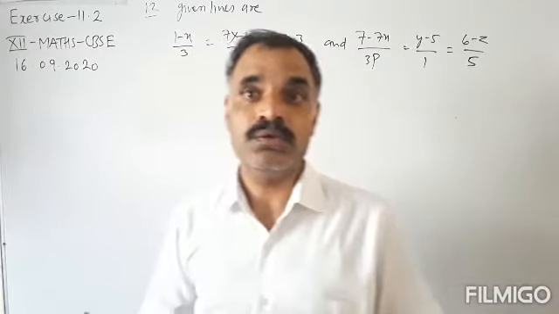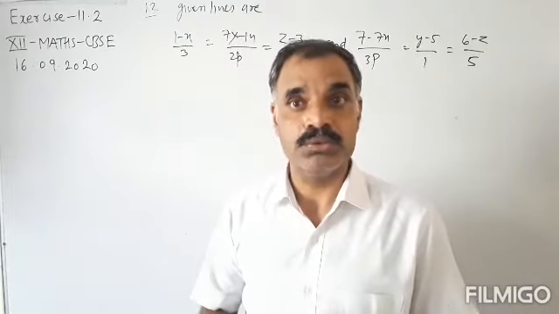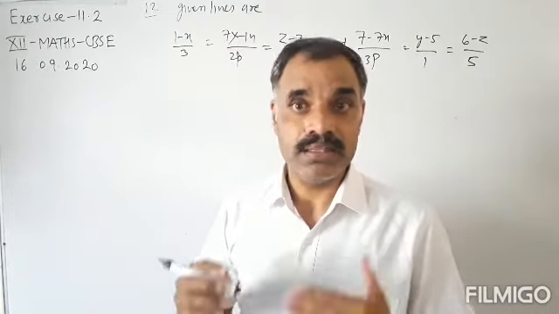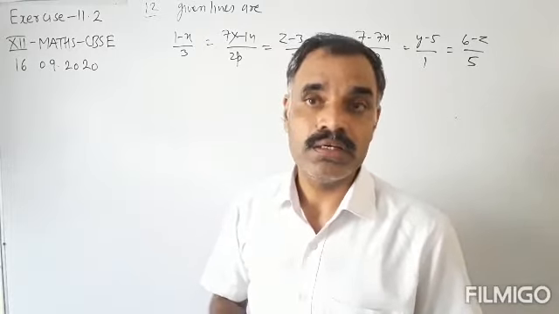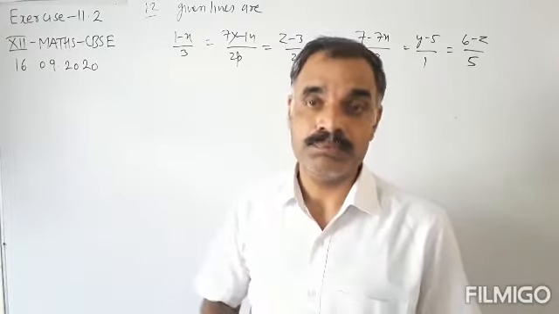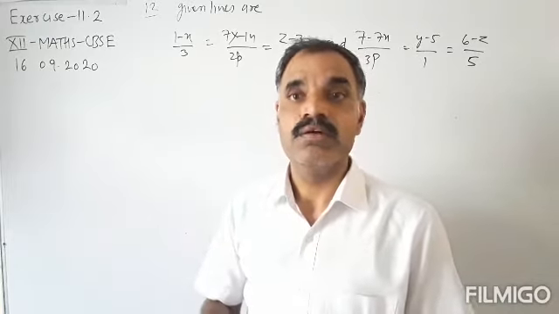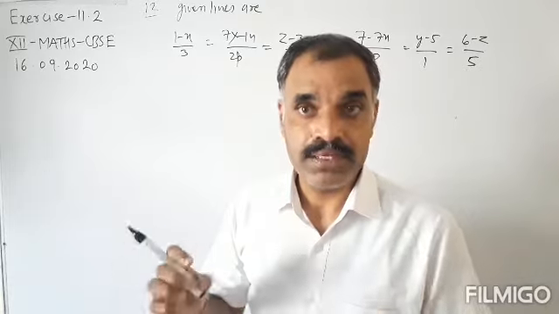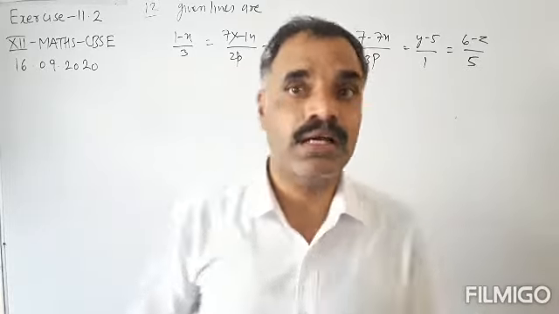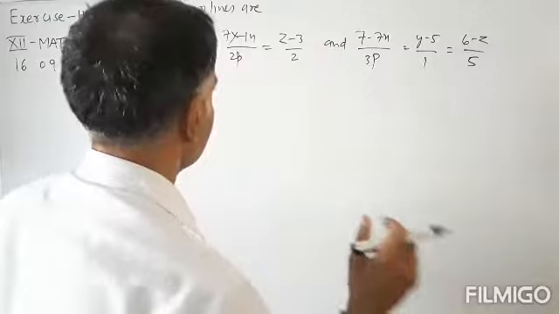But we have to find A1, B1, C1, A2, B2, C2 when the equations of the lines are given in standard form. So first of all we put both lines in standard form. After that we find A1 B1 C1, A2 B2 C2, and then apply the condition.